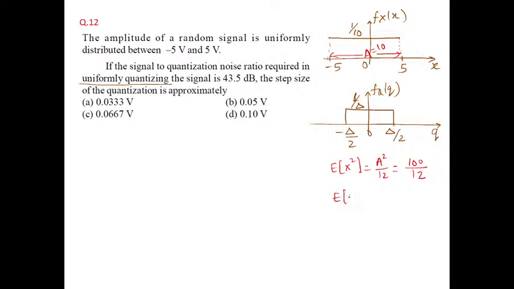And Eq square, this is a standard result for any uniformly distributed function. So this is equal to delta square by 12. So what will be SNR? SNR will be equal to A square by 12 divided by delta square by 12. So this is equal to 100 upon delta square.